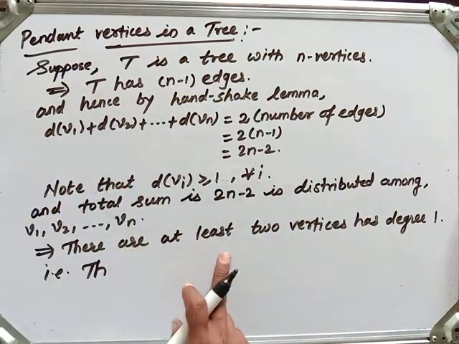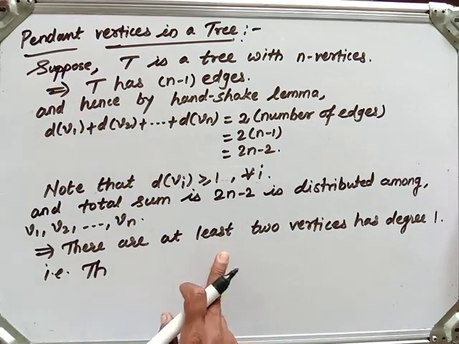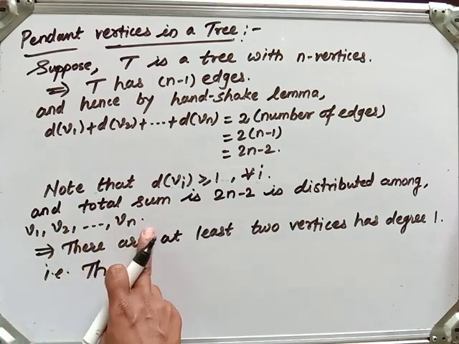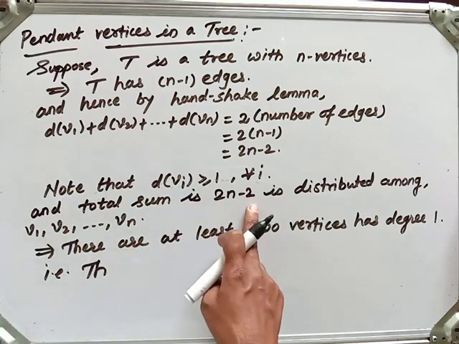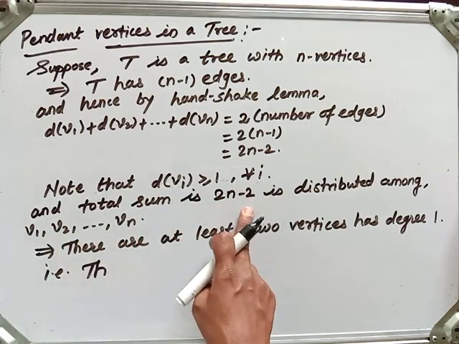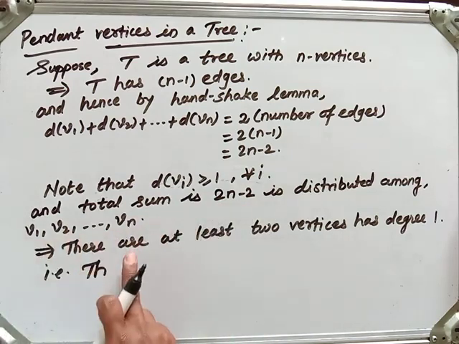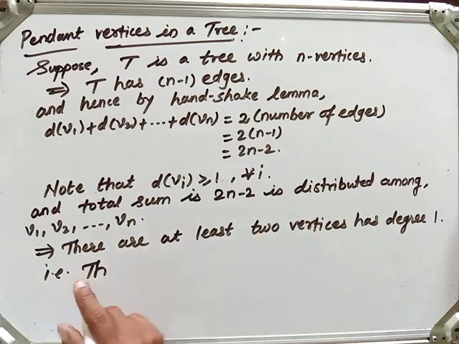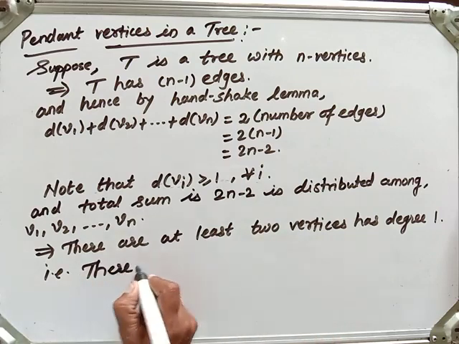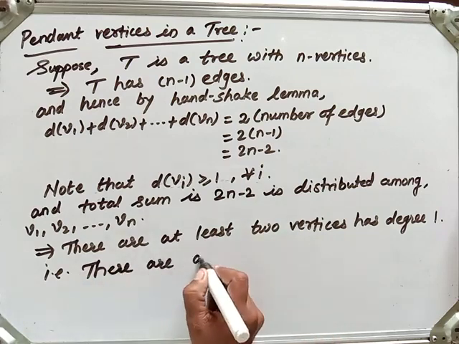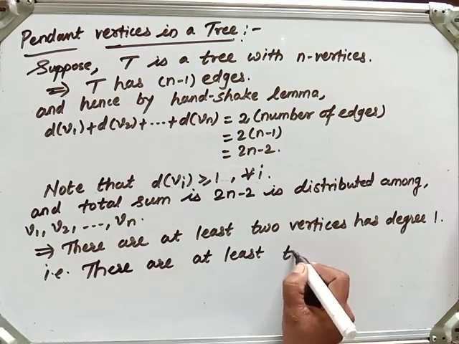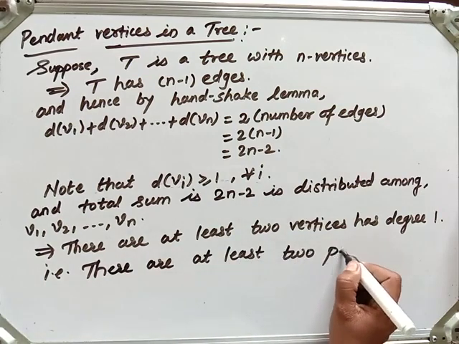Pendant vertex. We can say in a tree there are at least 2 pendant vertices. If between these n vertices we have to distribute this sum, then we get a minimum of 2 vertices having degree 1, that's pendant vertices. So there are at least 2 pendant vertices.